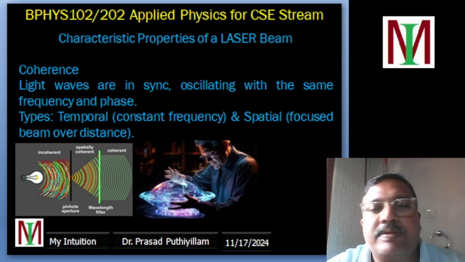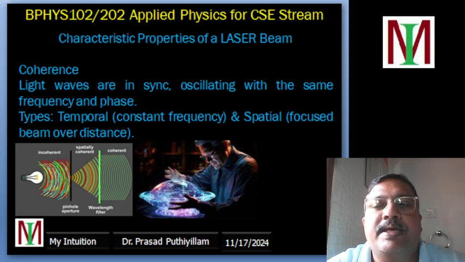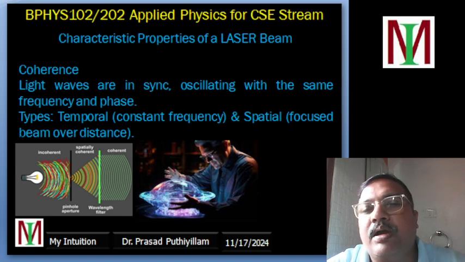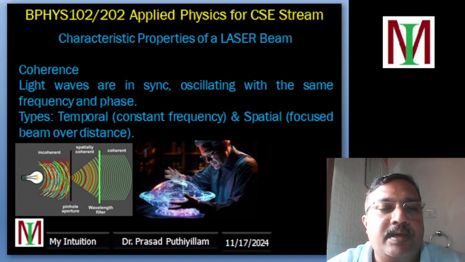So now we'll look a little bit deeper into the characteristic properties of a laser beam. The first point is coherence. One of the most important properties of a laser beam is coherence.